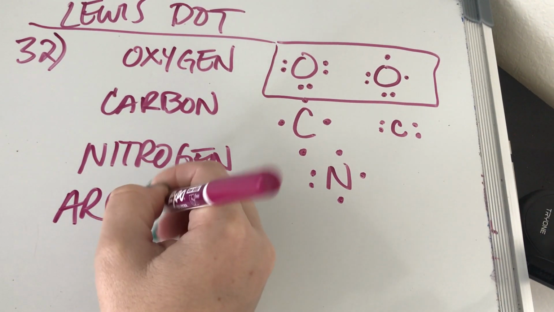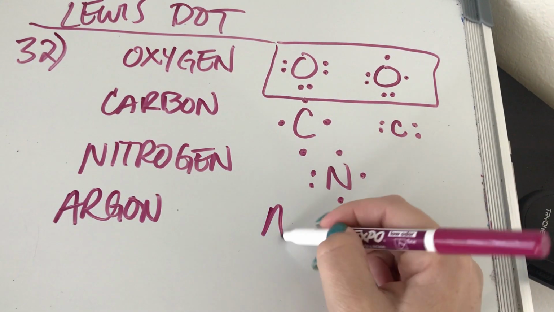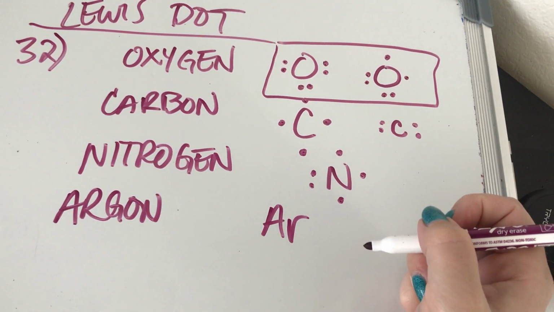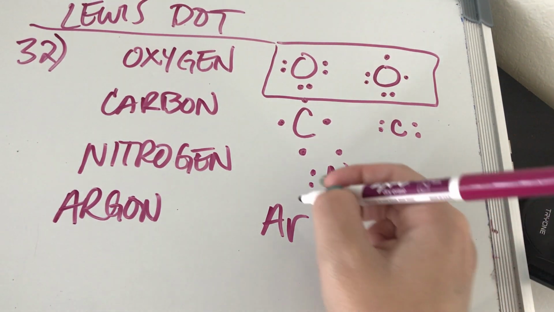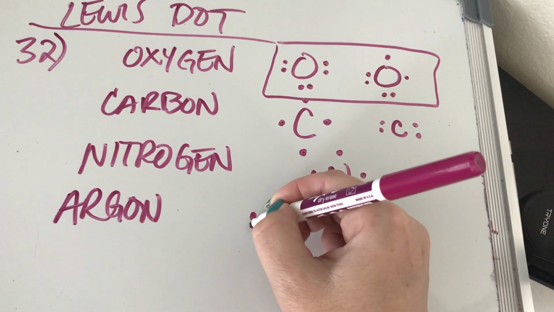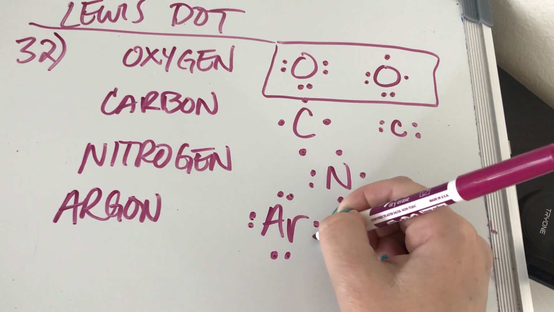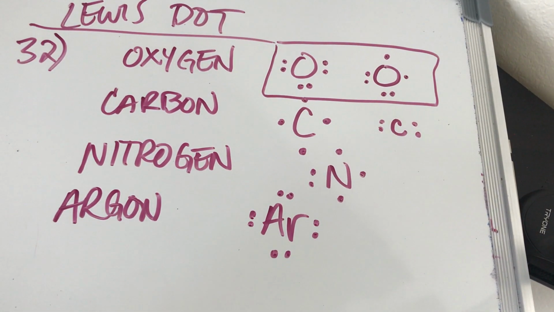Argon. Full 8. It has 8 electrons, which is the maximum number of dots that you'll have. There are elements that have more valence electrons than that, but when we're talking about Lewis dots, we're generally talking about them in the context of covalent compounds, which we'll find out next week tend to only be nonmetals.